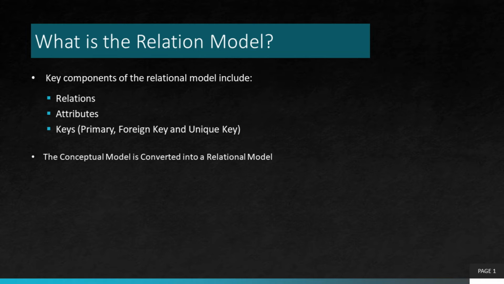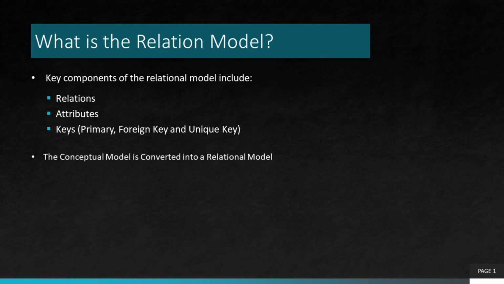So it is in the relational model we will convert our conceptual model into a relational model. It is also important to note that it is more detailed than our conceptual model. This is the model that enforces integrity constraints to maintain data accuracy and consistency.